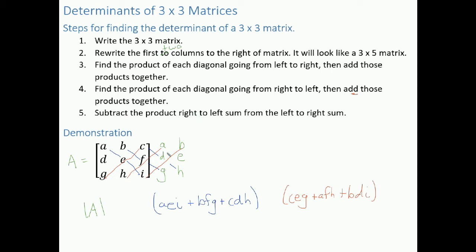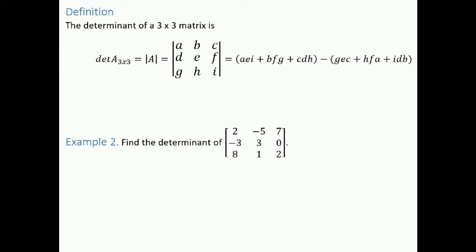Subtract the right to left sum, so subtract the red from the blue. So do blue minus red, basically. And so we're going to subtract those. And that is the one way that we're going to learn how to find the determinant of a 3 by 3 matrix. So the determinant of this matrix A is this right here.